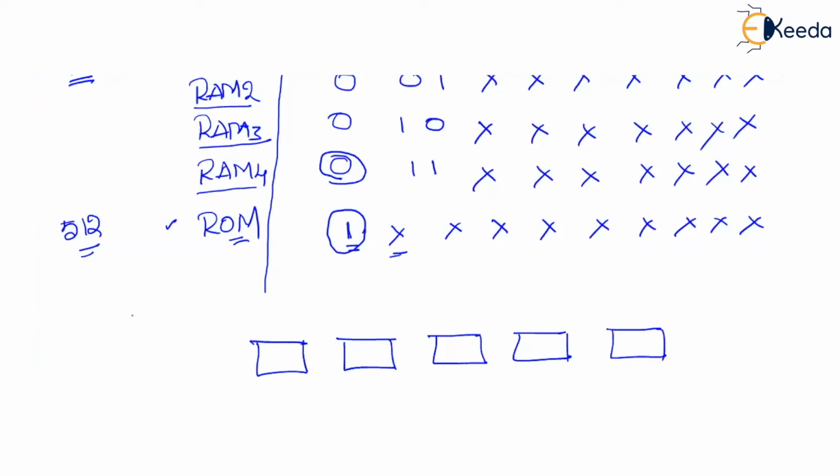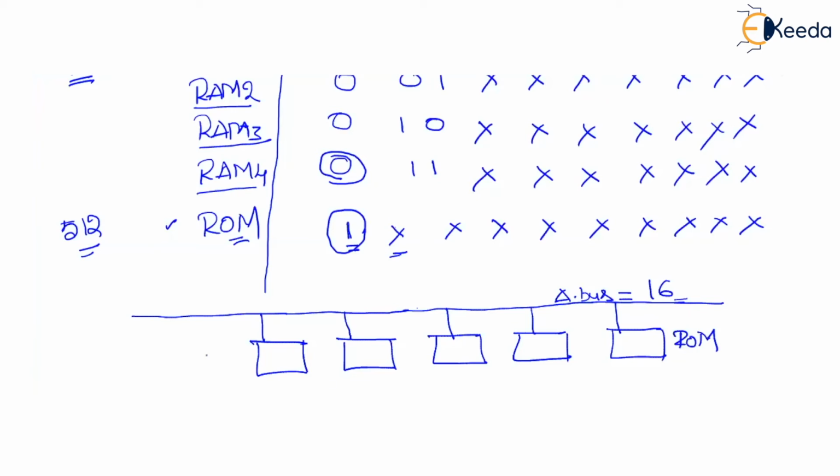My address bus connects all these RAMs and ROM. This is the address bus, and the address bus size is equal to 16 digits. This is ROM, this is RAM 1, this is RAM 2, this is RAM 3, this is RAM 4.